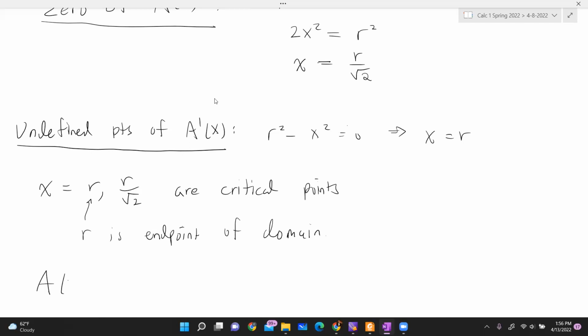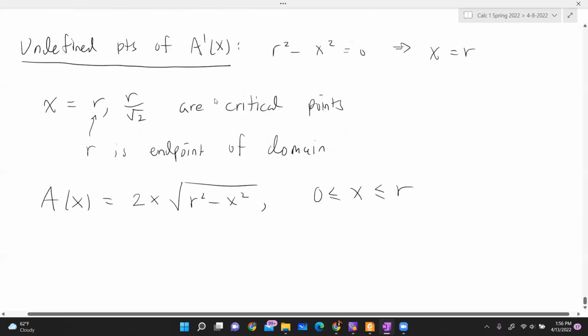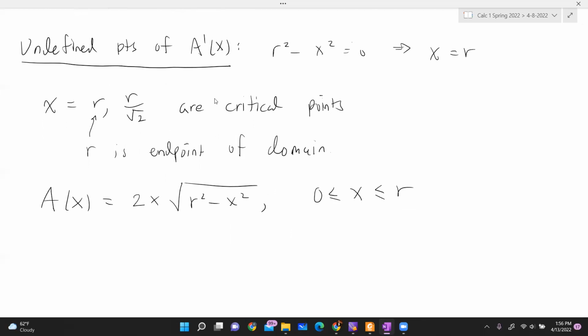So recall, the original function is given by this, and the domain of it is given by this. So in order to determine where the maximum occurs, we have to test the value of the function at the endpoints and the critical values, but one of the critical values is just the endpoint.